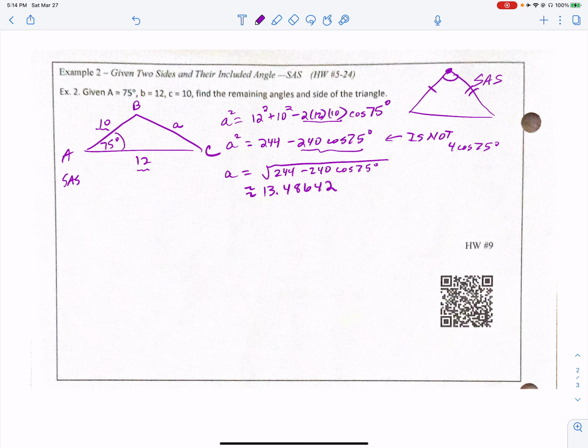So we're going to solve this triangle, and when we solve it, we need to find all missing pieces. So I have side A is 13.48642. And now I need to find one more angle, and then I can add up and subtract from 180. So I am going to go ahead and set up law of cosines using the angle.